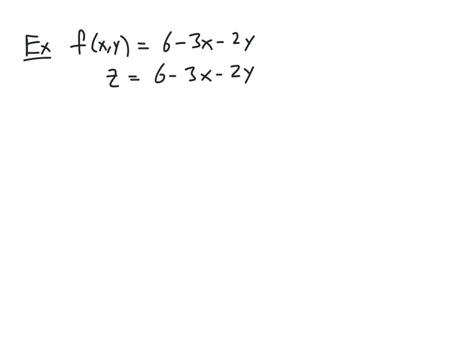If we move the x and y terms to the same side as z, we get the equation 3x plus 2y plus z equals 6. And this is a type of equation that we've seen before.